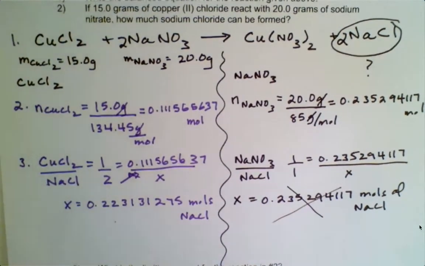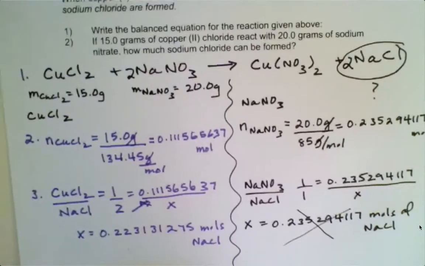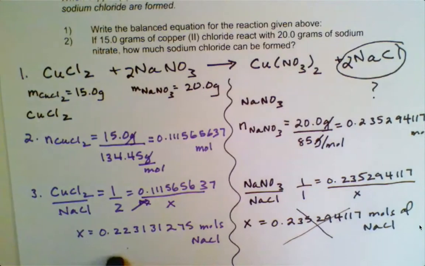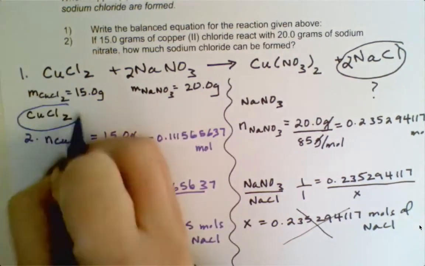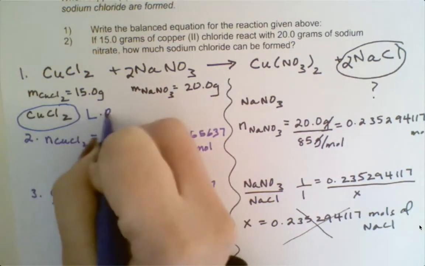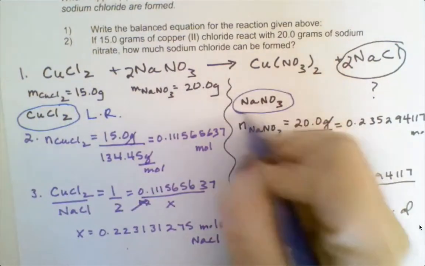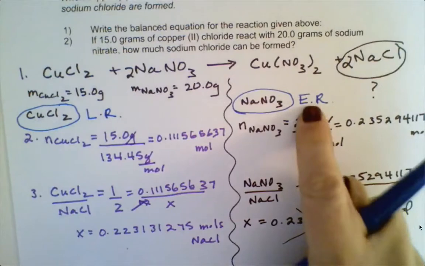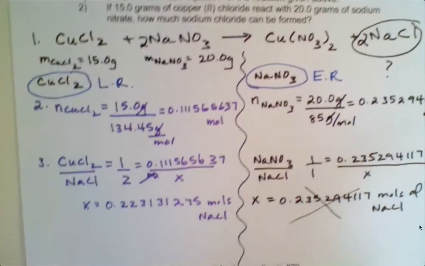So going back up, I can now say that because this one yielded the smaller amount of product, this happens to be my limiting reactant, and this one is my excess reactant, meaning that there will be some of this left over, okay?